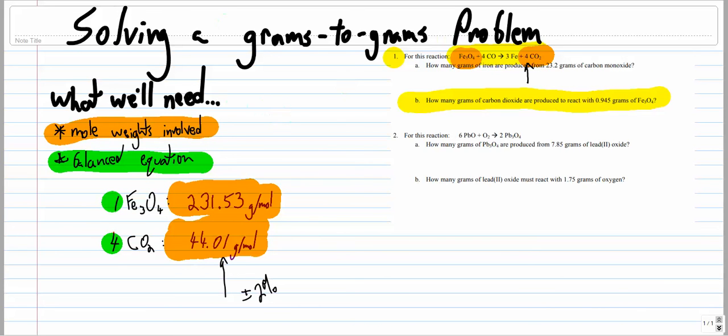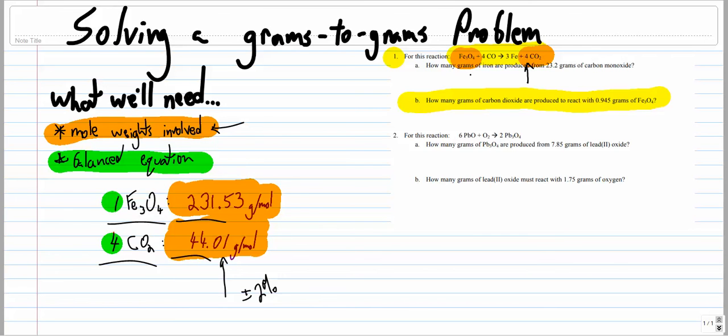The reason we need to know the mole weights is because different compounds have different masses. If you have some Fe3O4 and the same number of moles of CO2, the Fe3O4 is several times more massive. And the reason that we have to have the equation balanced is because mole for mole, you're going to need 4 times as much CO2 as you need of the Fe3O4.